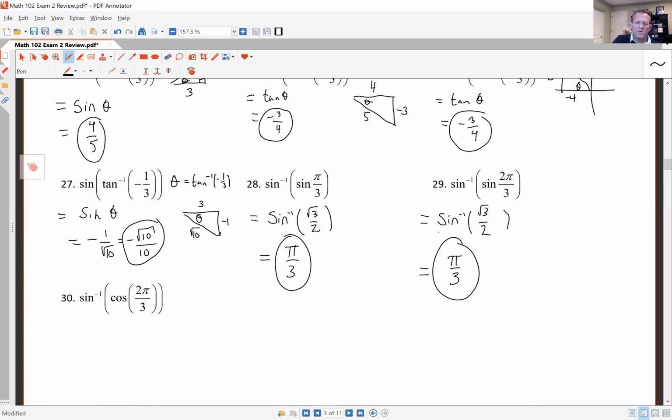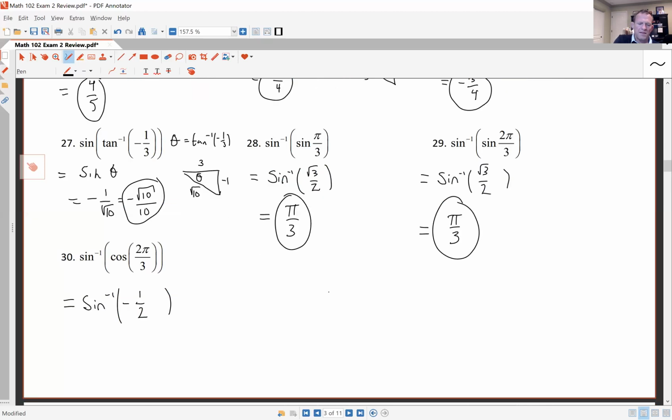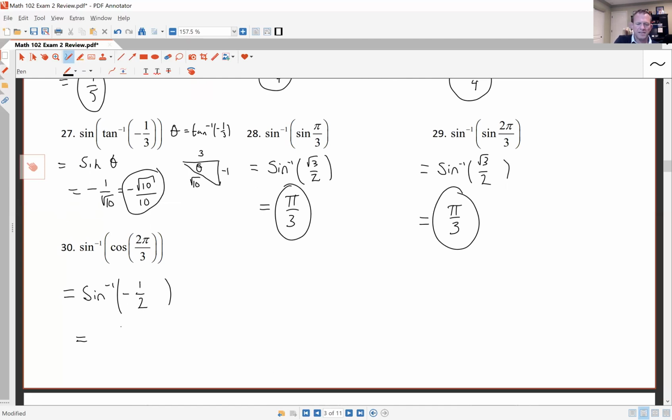Number 30, we've got cosine of 2 pi/3. The cosine of 2 pi/3, that's a 60-degree reference angle, and cosine of 60 is 1/2. But in quadrant 2, where 2 pi/3 is, it is negative 1/2. And then the inverse sine of a 1/2 would be a 30-degree or a pi over 6 angle, but because it's negative, this is negative pi over 6.